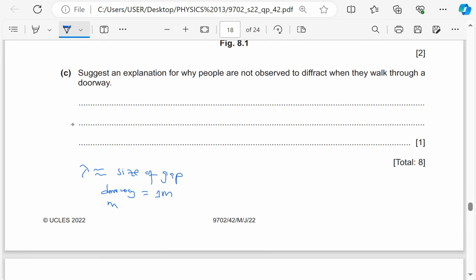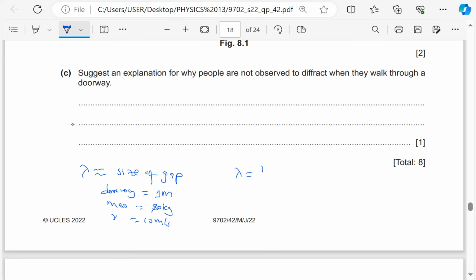And let's say the mass of a person is 80 kilograms for a normal person. Let's check the de Broglie wavelength. Let's say the person is running through the door very fast, at 10 meters per second. I think that is about the fastest speed of a person, so I've used the highest speed.